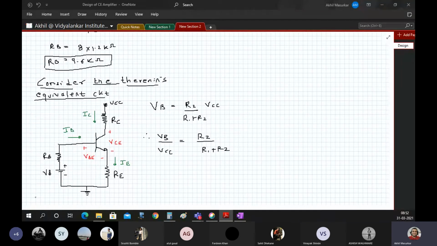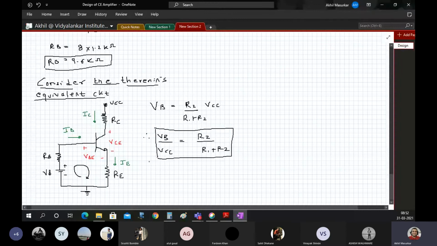So if you apply KVL on the input side, what you will get is VB minus IBRB minus VBE minus IERE equal to 0.